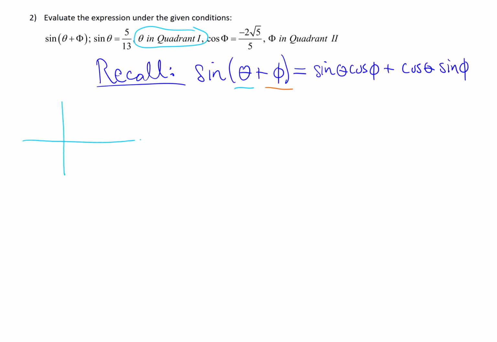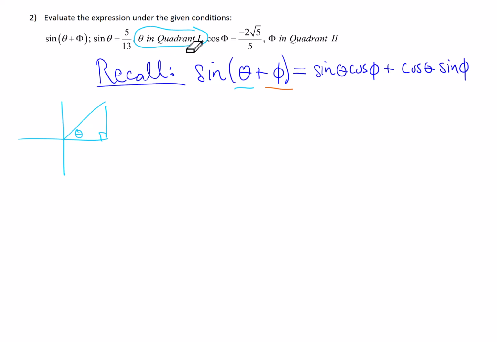So we'll just draw an xy axis diagram, coordinate plane. And we're going to draw a central angle triangle in quadrant 1, a right triangle, where the angle theta is the central angle at the origin. And the triangle's in quadrant 1 simply because that's what they told us it was, right?